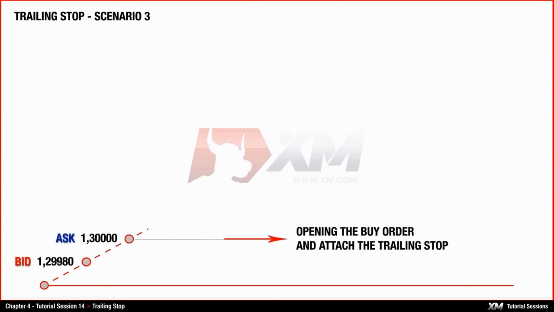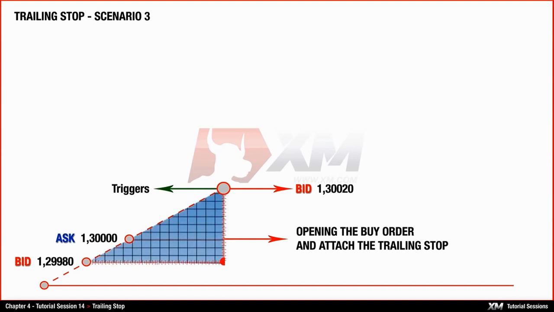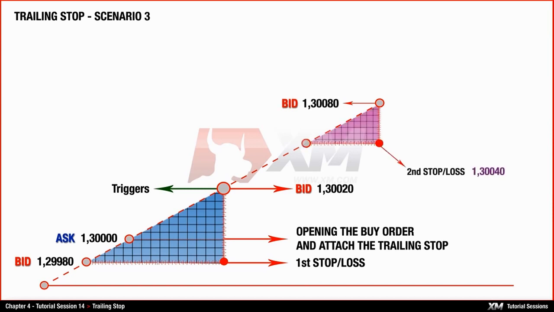Supposing that the market continues moving in your favour, the trailing stop will follow that profit and update the stop loss with a new value according to the previously set distance, which in our example is 40 points, equal to 4 pips. When the price reaches 1.30080, the trailing stop will update your stop loss position at the value of 1.30040.